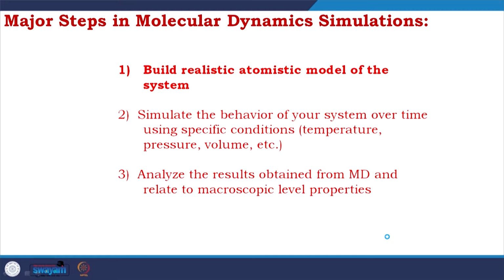So, first you make the initial sample. If you compare it with the experiment, as we have discussed, in your experiment you need sample preparation. Here also we are preparing the sample.